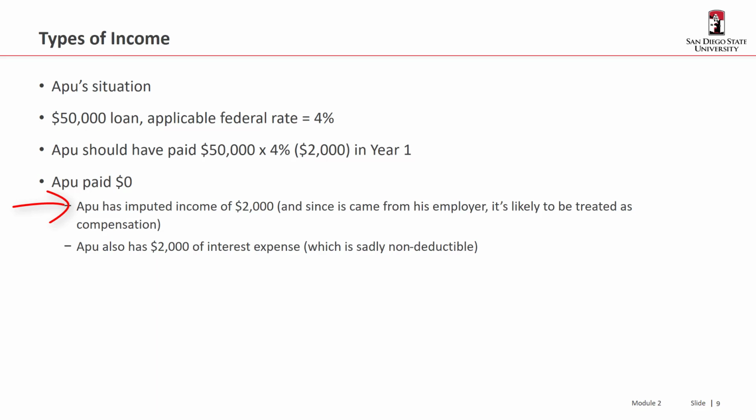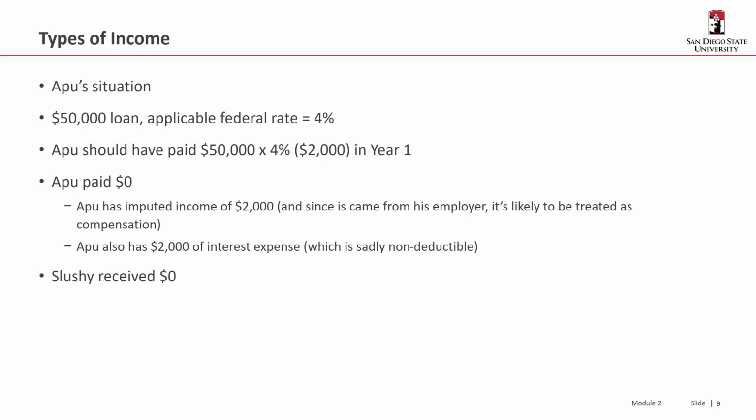Since this came from his employer, it's almost certainly going to be treated as compensation income to Apu. So Apu also has $2,000 of offsetting interest expense. So remember, he's got income of $2,000, but he paid nothing. But he's got $2,000 of interest expense, but because that's probably treated as personal expense, it's probably not deductible.